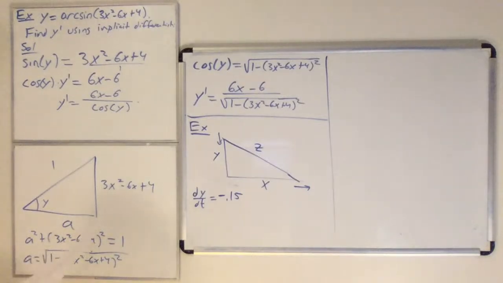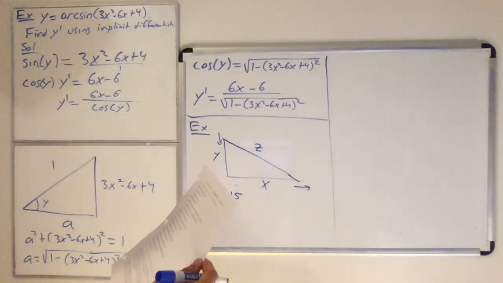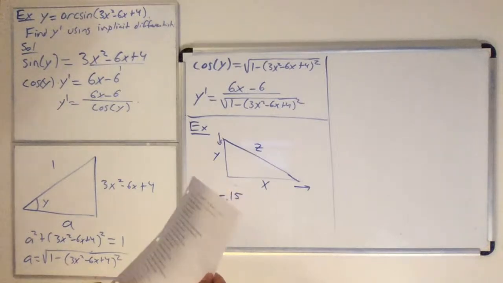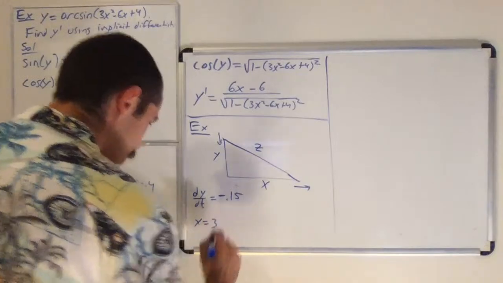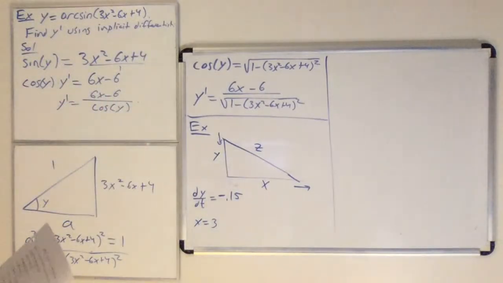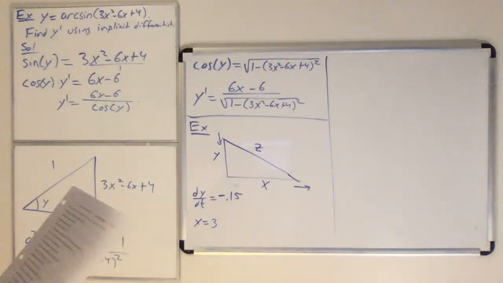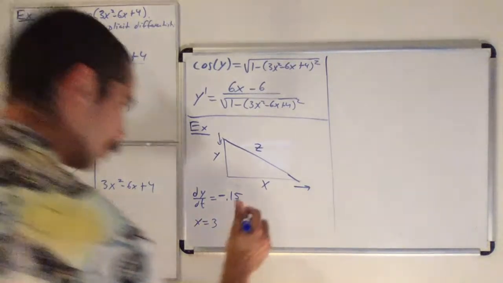Okay, the next sentence says, at the moment when the bottom of the ladder is 3 meters from the wall, so at some point we'll use x equals 3, it slides away at a rate of 0.2 meters per second.